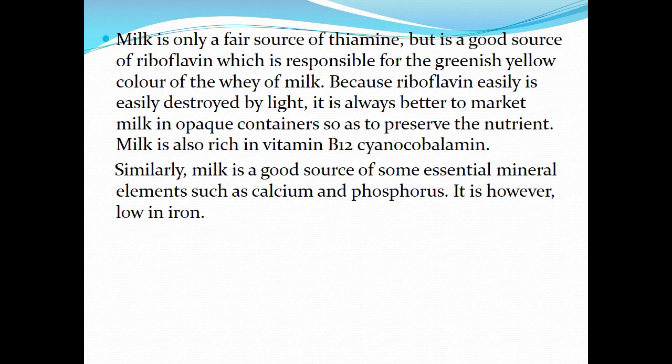What we mean by the opaque containers here, containers that are thick enough, are not transparent. If you look at people that are selling yogurt, they sell yogurt inside opaque containers so that the light will not destroy the nutrients in the containers.